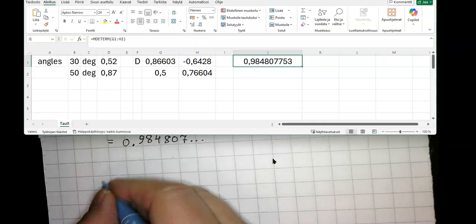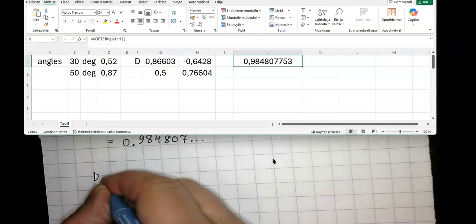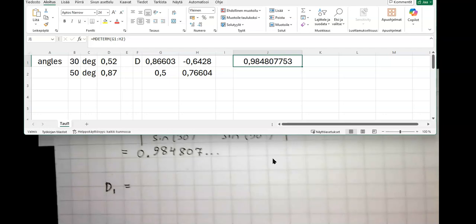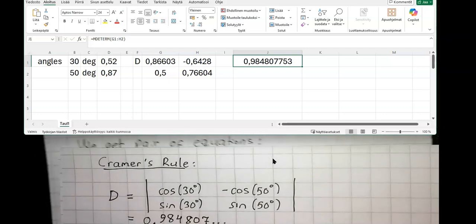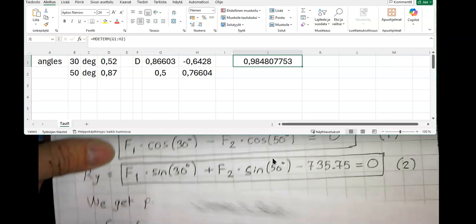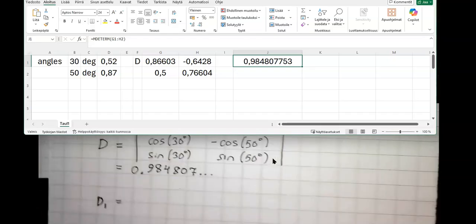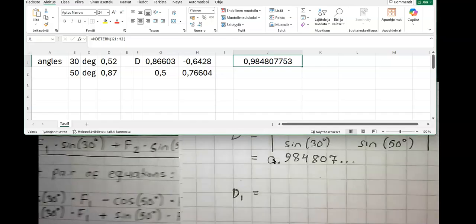The name is not so important, but I will use the d1 to express that with this determinant we will solve the value of f1 in this equation. So let's see the determinant here.